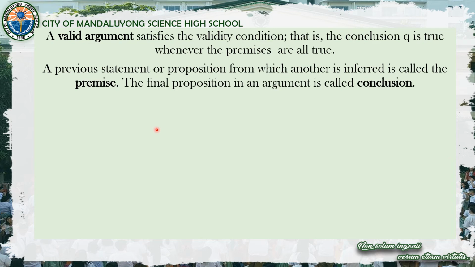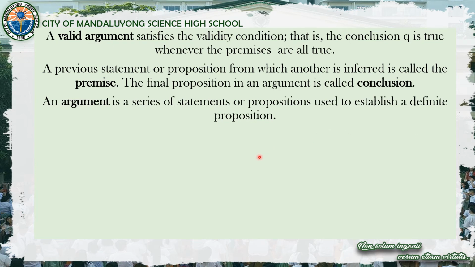Next, a previous statement or proposition from which another is inferred is called the premise. And the final proposition in an argument is called conclusion. And an argument is a series of statements or propositions used to establish a definite proposition.